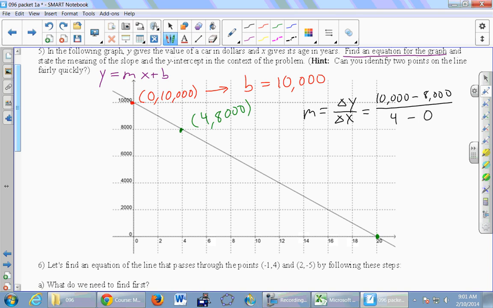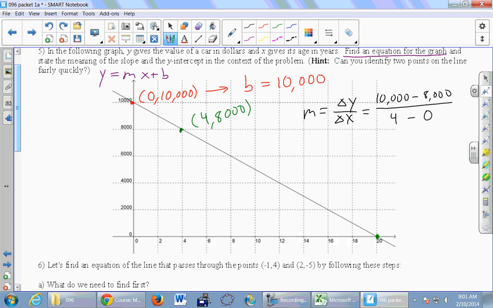This awkward pause is me waiting for somebody to tell me that I did it wrong. What is it, Craig? Craig says 0 minus 4. So Brittany also has a negative answer. It makes sense. What kind of a slope should this line have? It's got to be negative. It's decreasing. But my numbers are all positive here, 2,000 over 4.